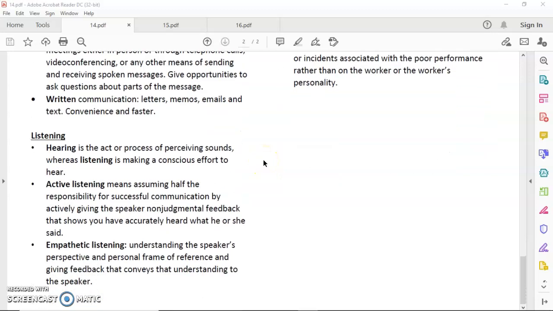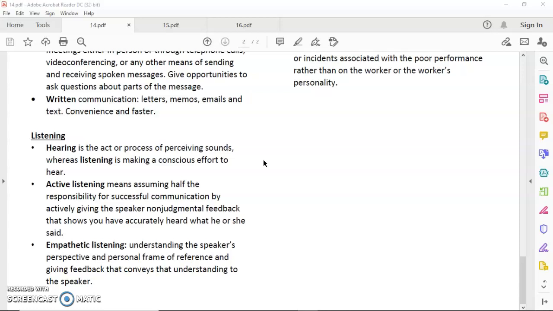Also, listening is very important in business communication, since it's how you process and perceive the message, how you listen to it and understand it. So first, there's active listening and empathetic listening.